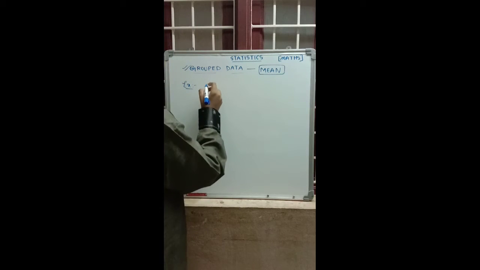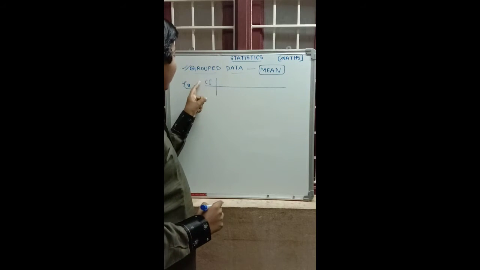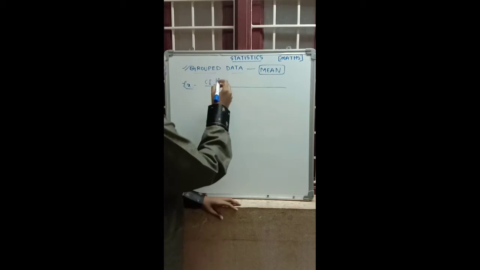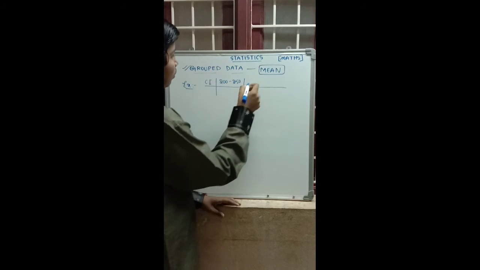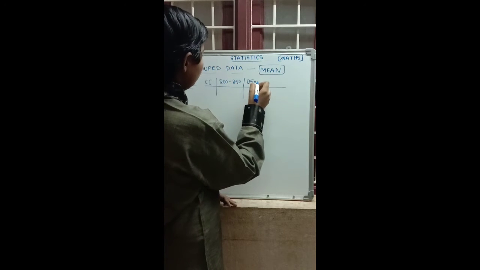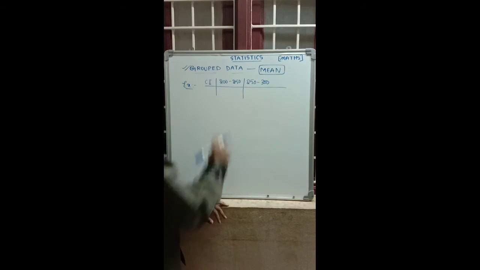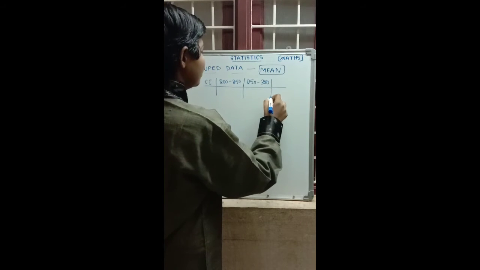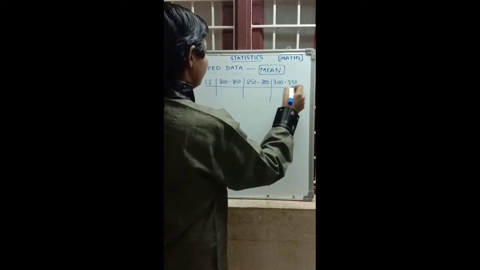So I am directly writing the class interval on the top row and the frequency below. The class intervals are 200 to 250, 250 to 300, 300 to 350. Here there is only a 50 gap for all the data.